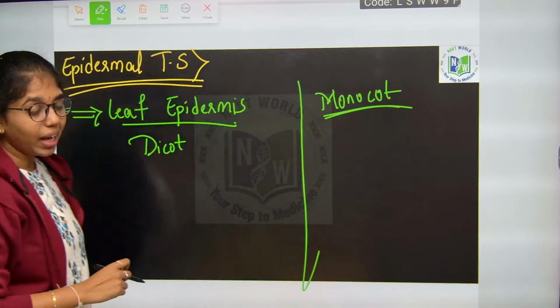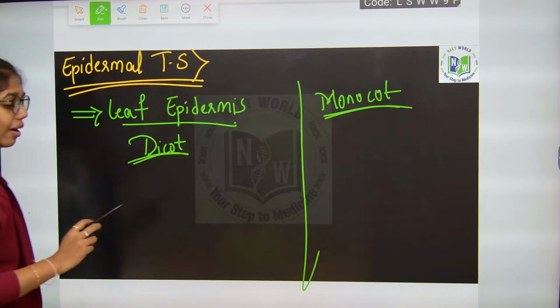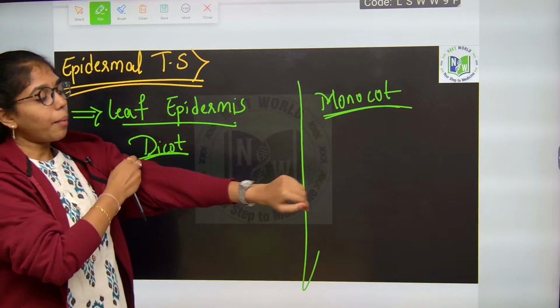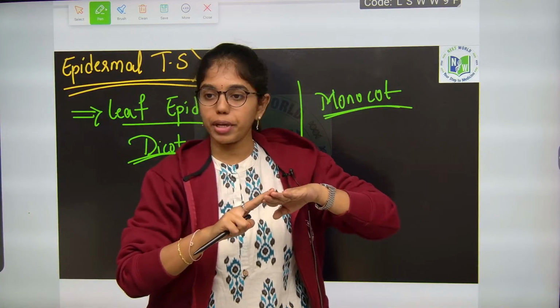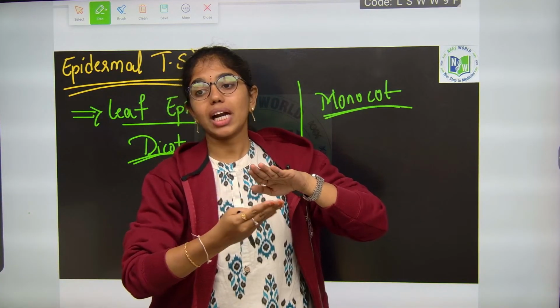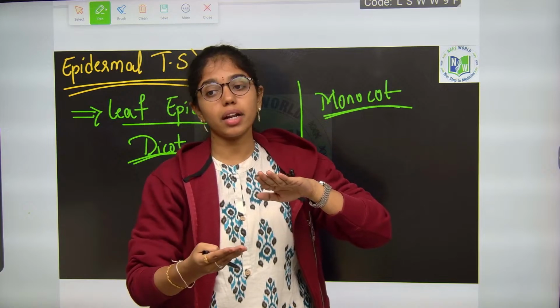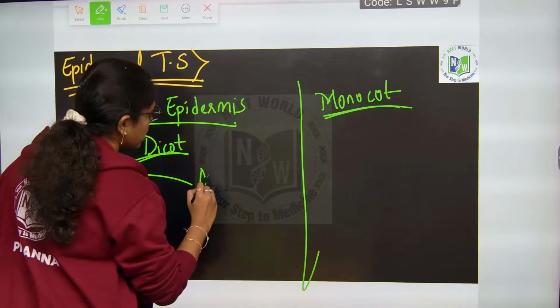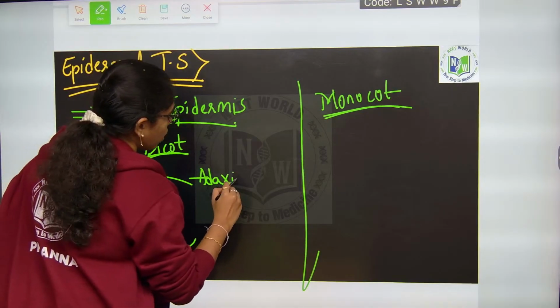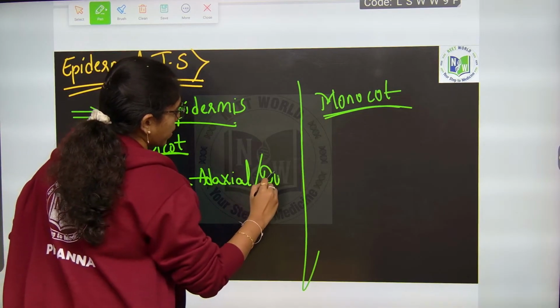Listen carefully. In dicot leaf, you have two surfaces of the leaf. Upper surface is called as adaxial surface or dorsal epidermis.